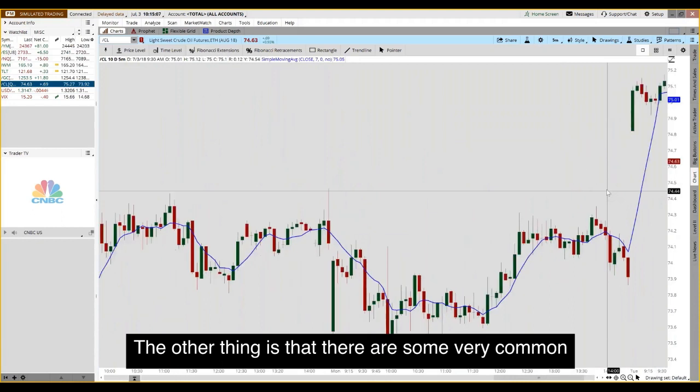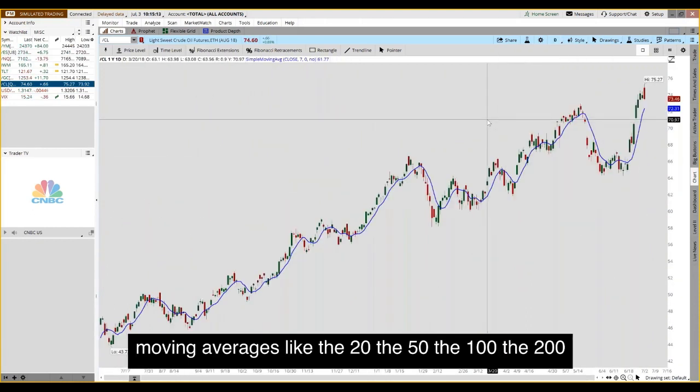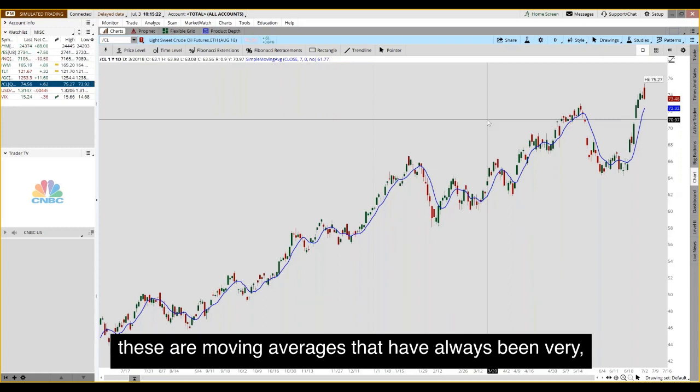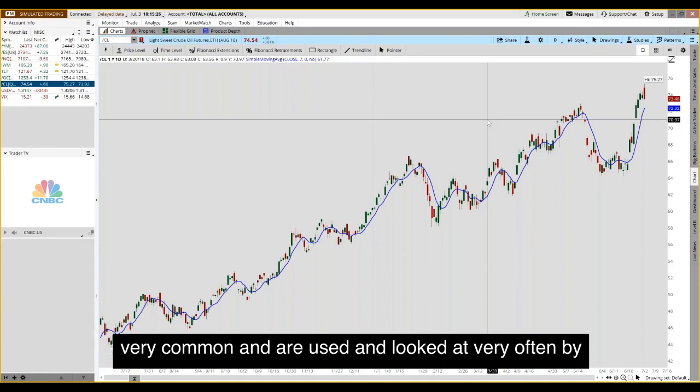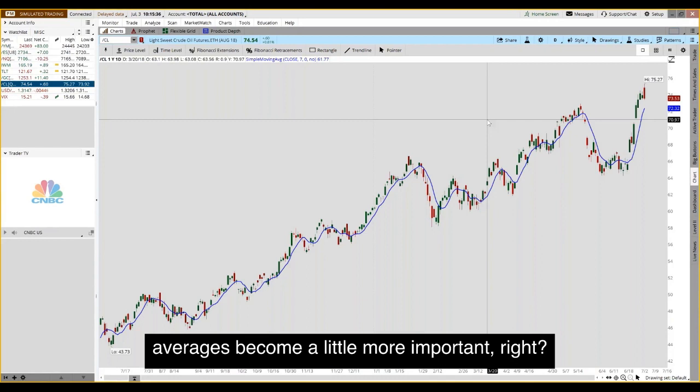The other thing is that there are some very common moving averages, like the 20, the 50, the 100, the 200. These are moving averages that have always been very, very common and are looked at very often by many, many traders. So that's where moving averages become a little more important, right?